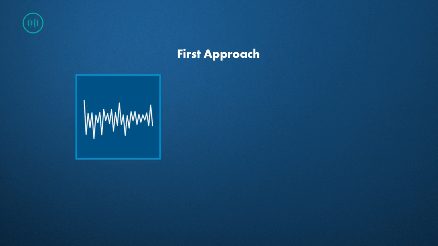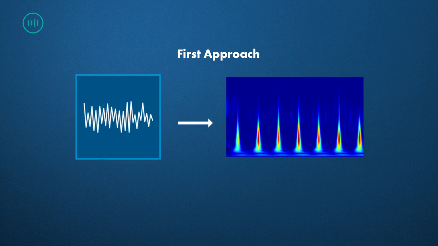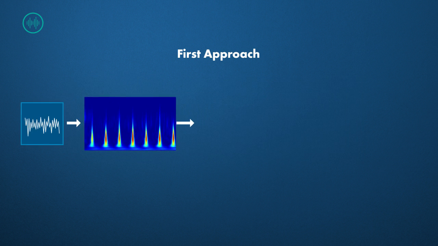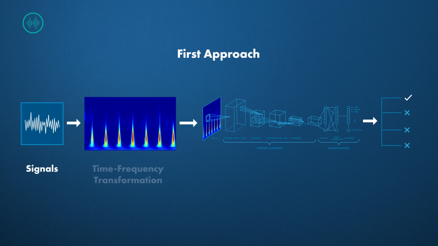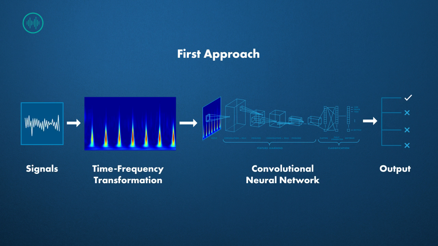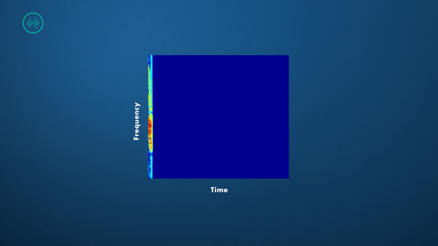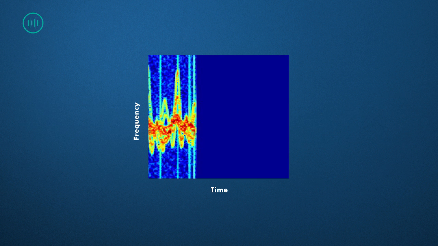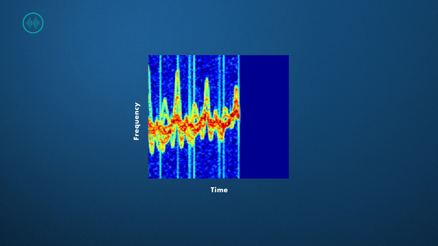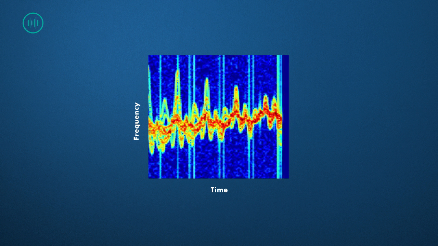There are 2 main approaches for performing deep learning on signals. The first approach involves converting signals into time-frequency representations and training custom convolutional neural networks to extract patterns directly from these representations. A time-frequency representation describes how spectral components in signals evolve as a function of time.